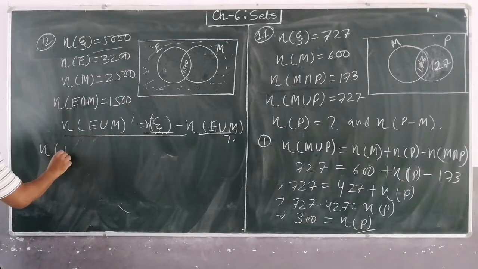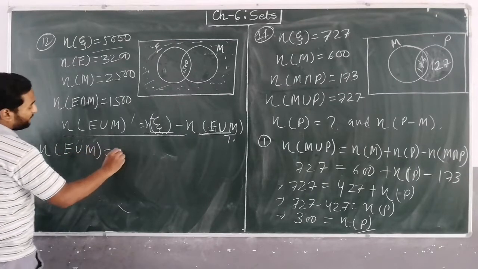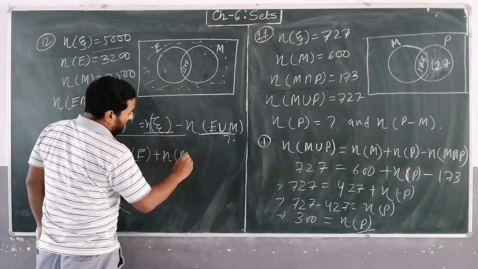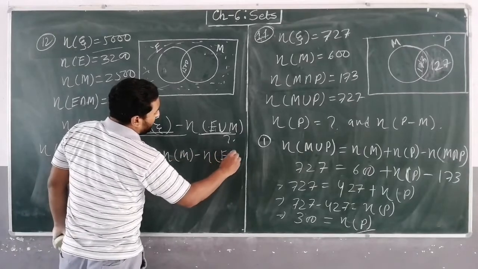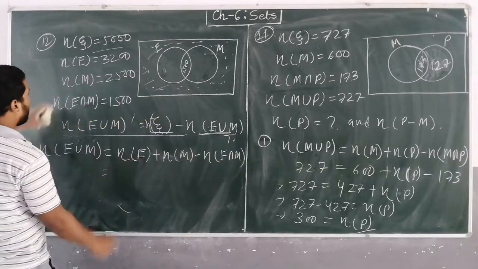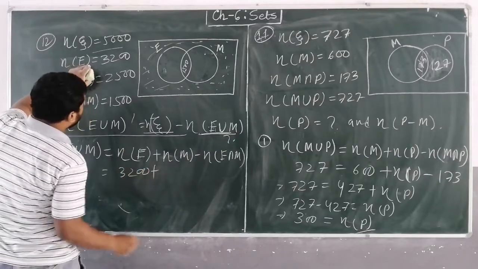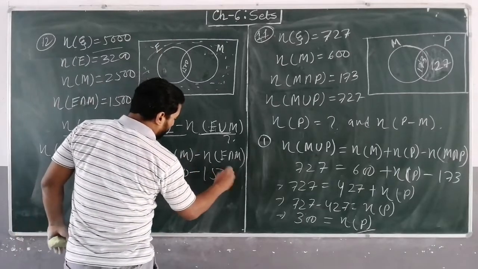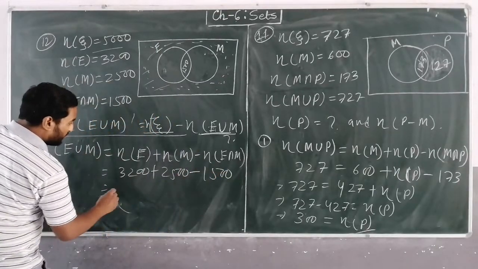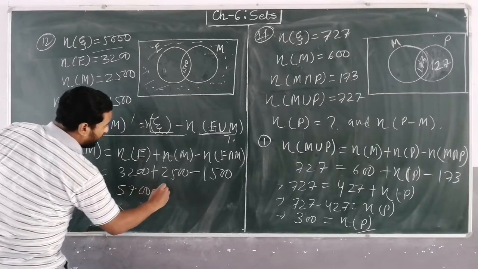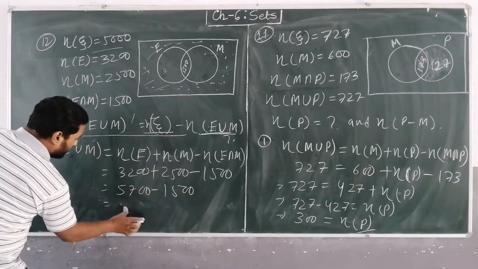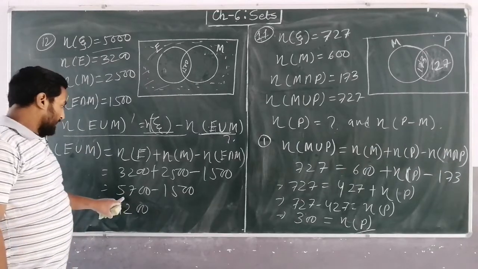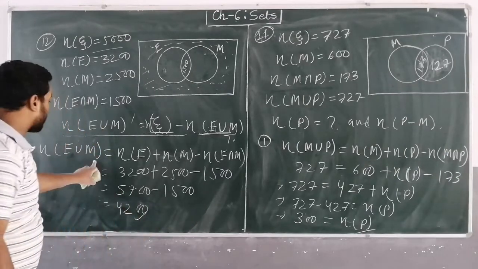So try to find E union M. We know the relation: cardinality of E plus cardinality of M minus cardinality of E intersection M. Egg eaters 3200, meat eaters 2500, and the intersection is 1500. If you add these two, it will be 5700 minus 1500, which equals 4200. So E union M we have got.